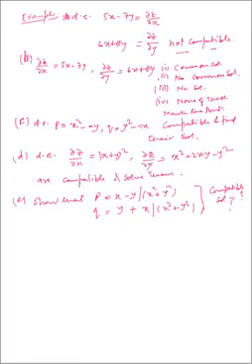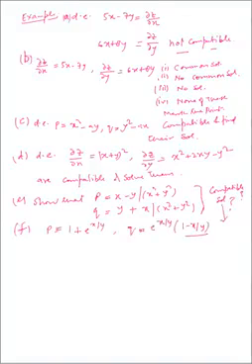Let's take one more. P is equal to 1 plus e to the power x upon y, and Q is equal to this. Here also we have to find out whether they are compatible, and their solution is to be found.